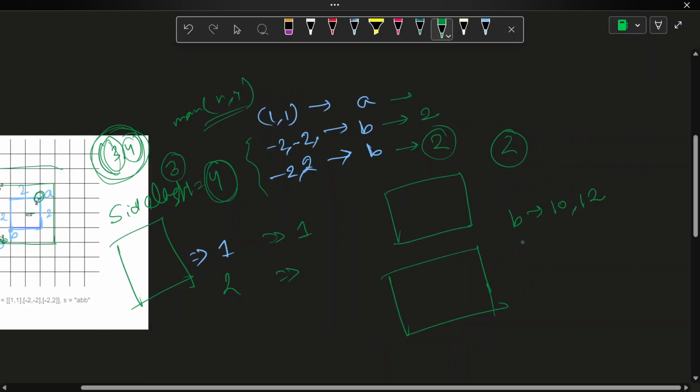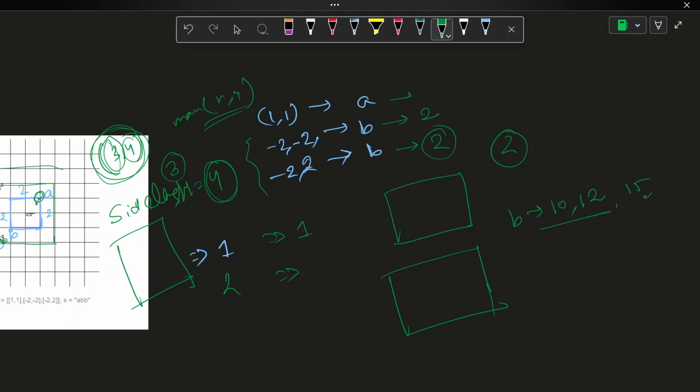Next I am explaining how we can select the maximum side length. Suppose the tag is repeated at side lengths 10, 12 and 15. If I take side length 10, then only one b will be counted, right? So b is not repeating.